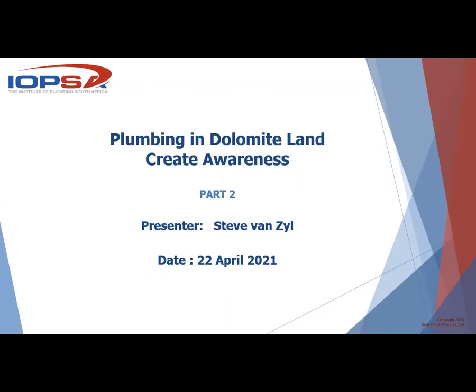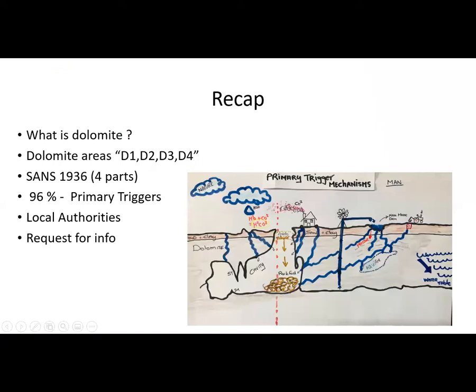Just before I kick off, I should quickly recap part one. In part one, I spoke about what dolomite is. At a very high level, it's a carbonate rock made up of a mineral called dolomite. It's relatively impervious and insoluble in pure water.